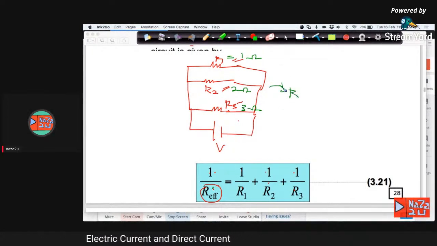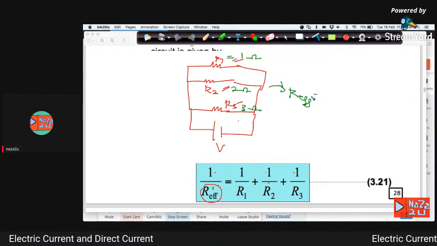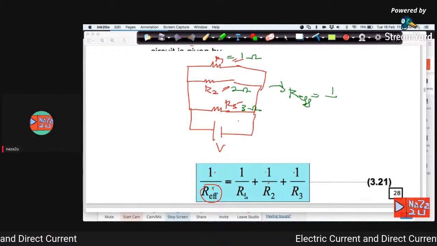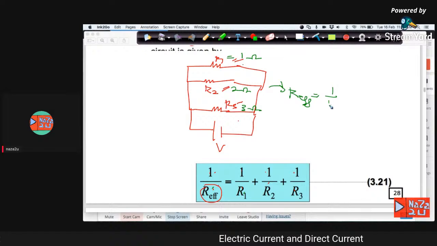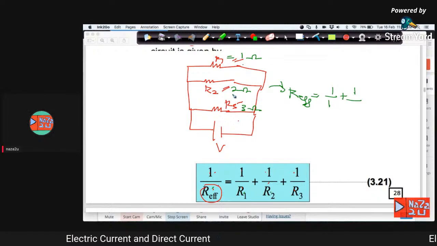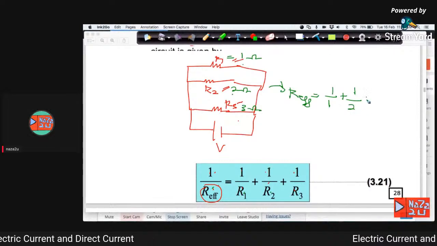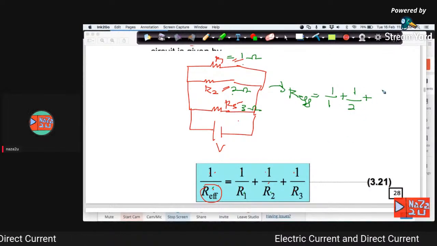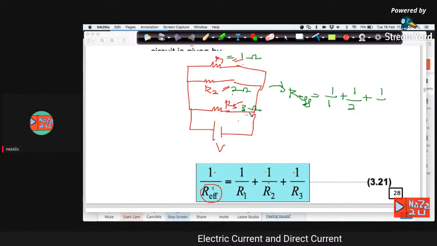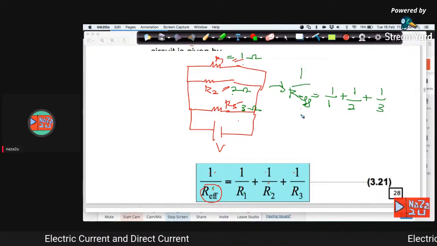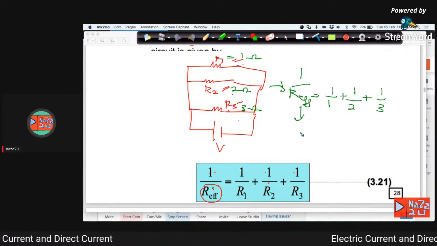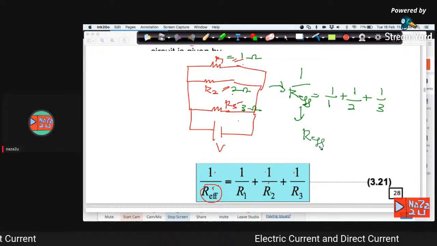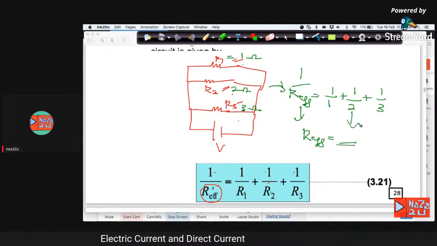R effective is equal to 1 over R1, which is 1, plus 1 over R2, R2 is 2 ohm, and plus 1 over R3, R3 is 3 ohm. Kamu kira lah. So now you can use the mathematic calculation to find the final answer or effective resistor. Kamu kira sendirilah daripada sini.